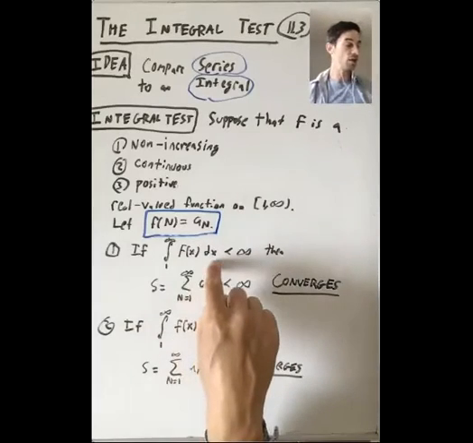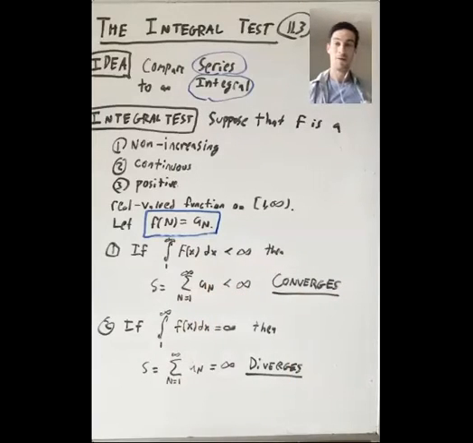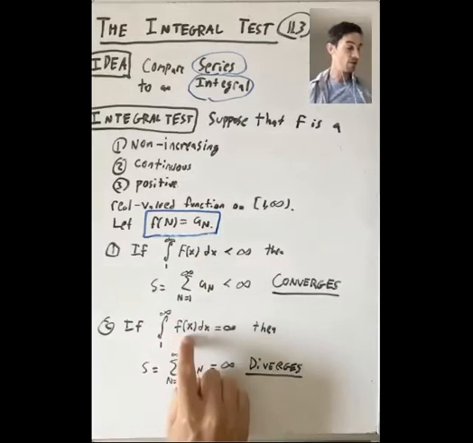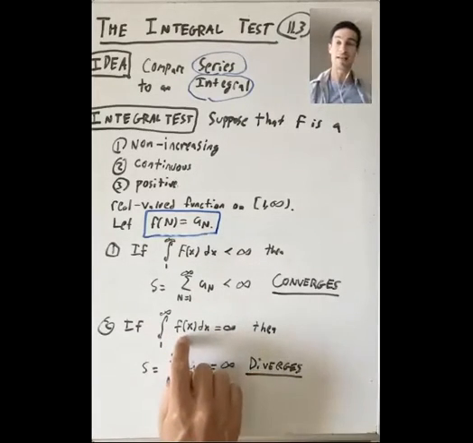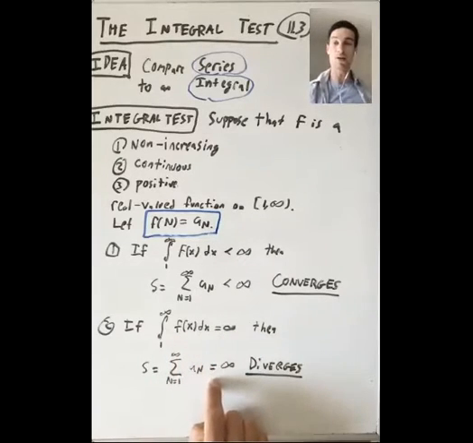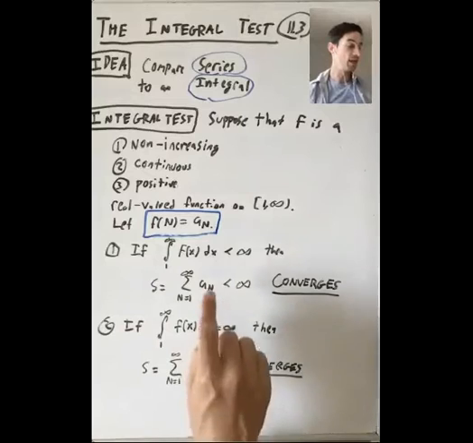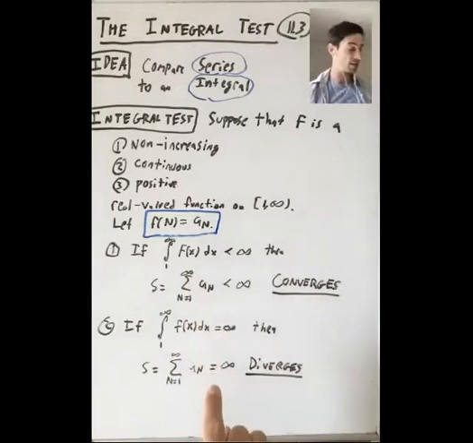So if the integral converges, the series converges. Well, what if the integral goes off to infinity? If the integral from 1 to infinity of f of x dx is infinity, if the limit that defines this integral is infinity, then this series also goes off to infinity. If the integral converges, the series converges. If the integral diverges, the series diverges.